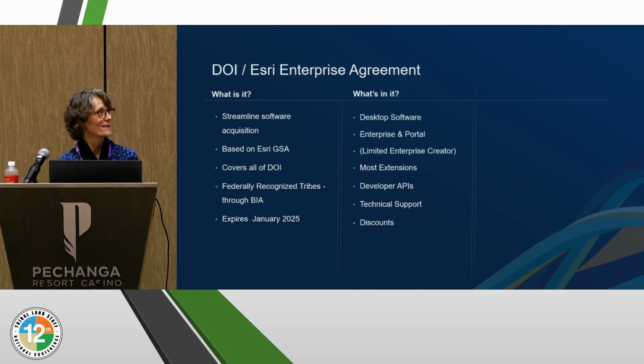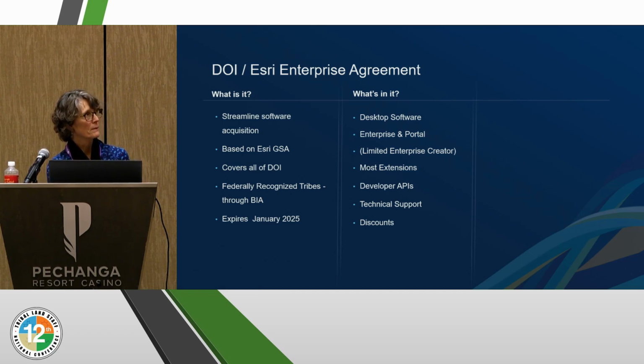What's in it? So our desktop software is included in it, so what Katie talked about, ArcGIS Pro is included in it, Enterprise is also included in it, as well as many of the different extensions that are included in desktop and in Portal and Enterprise.